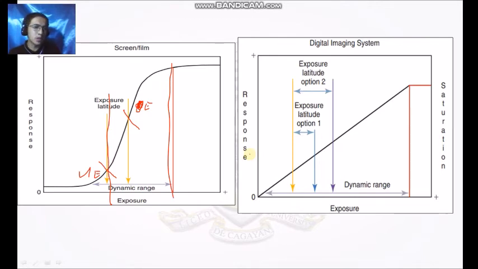So the radiologist would not recommend a repeat examination because the contrast and density can also be adjusted. So that is a very big advantage to the patient.